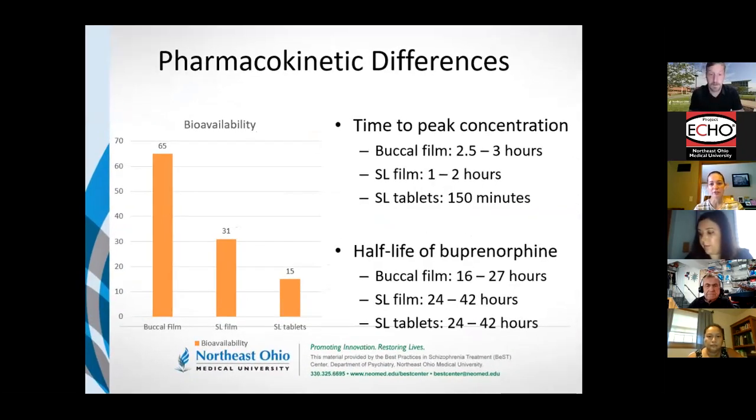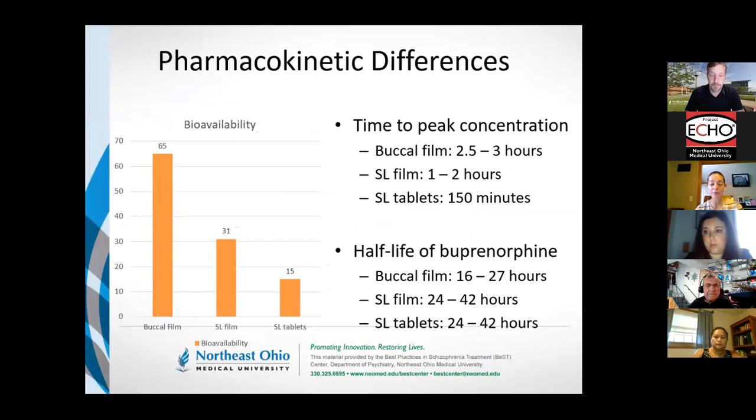In looking at the transmucosal products, we do have a couple differences between them. The buccal film has much better bioavailability than the sublingual film or the sublingual tablets. The bioavailability is about 65% with the buccal film, likely because of that backing. So we're getting the medication delivered directly into the buccal tissue.